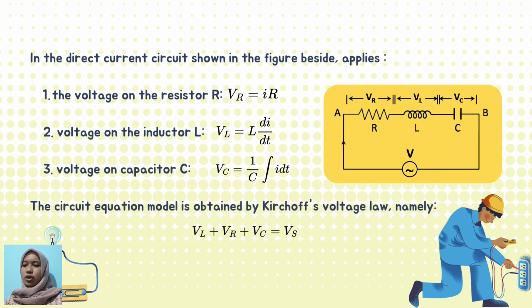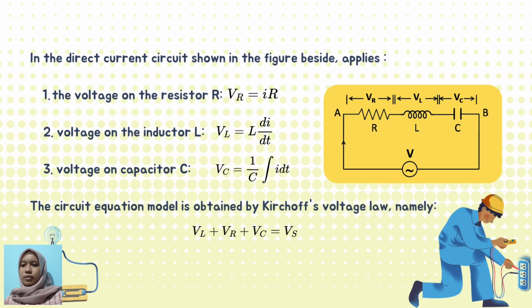The voltage on the inductor is proportional to the rate of change of electric current in unit time, formulated by VL equals L di/dt. And the voltage on the capacitor is proportional to the electric charge on the capacitor: VC equals 1 over C integral of I dt.